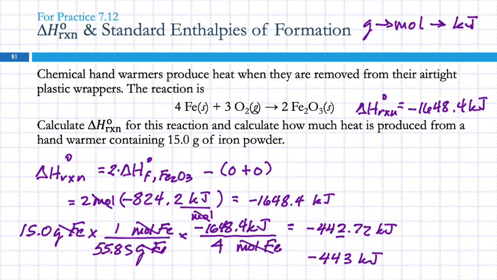I don't need a negative sign because the word says the direction. The money left me, right? So here it says the heat is produced. We don't need a sign. And so the correct answer would be that 443 kilojoules of heat is produced.